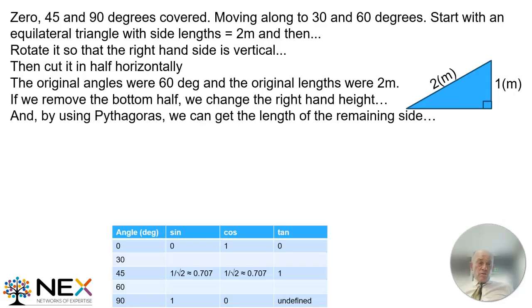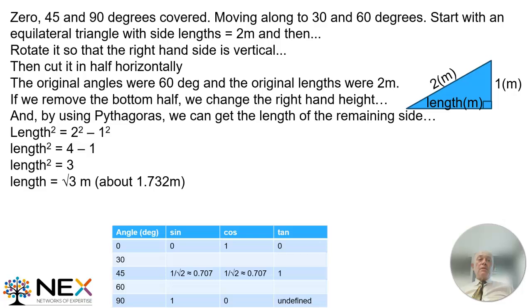Using Pythagoras, we can get the length of the remaining side. Length squared plus 1 squared is going to be 2 squared, so therefore length squared is 2 squared minus 1. Length squared is 3. The length we're looking for is the square root of 3. Perfect. Which is roughly about 1.732. Better to leave it as the square root of 3.